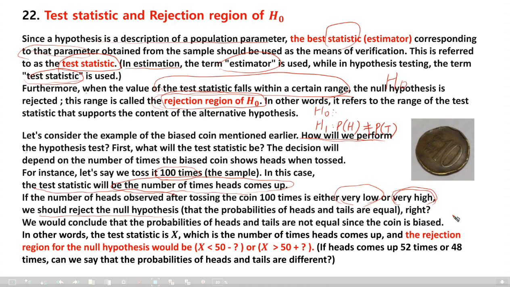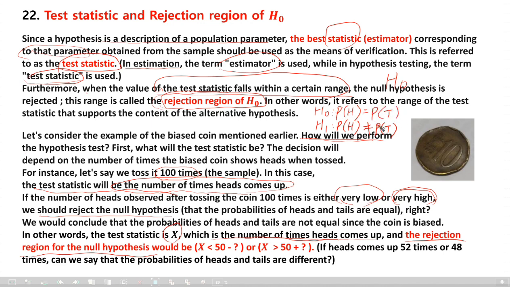This is the hypothesis test. In other words, the test statistic is X, which is the number of times heads comes up, or tails comes up, the same thing in this example. And for the rejection region, H0 is that the two probabilities are equal.